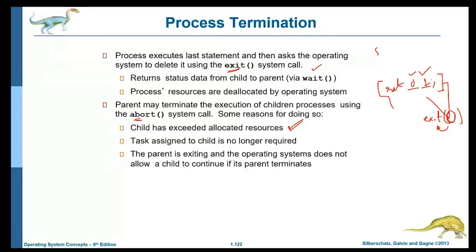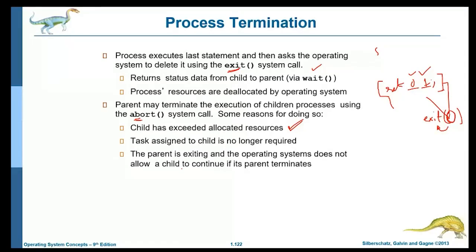It's not natural. I mean, in the real world, usually children live longer than parents. But in some operating systems, the parent must exist until the child exits. The child cannot keep running while the parent is gone.